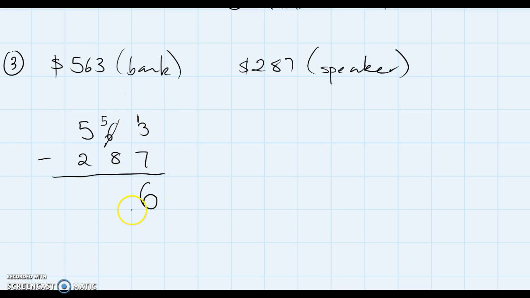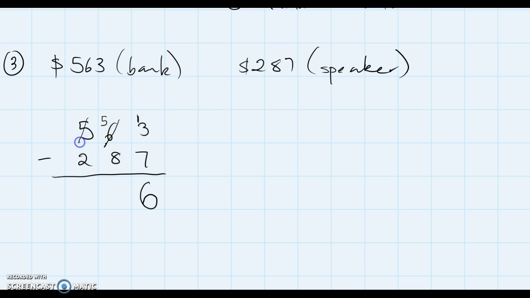Let's go to the next column. 5 tens take away 8 tens. We know that cannot be done, so we need to borrow from the hundreds column. Okay, it's really, really important we always borrow from your left. So 5 tens take away 8 tens cannot be done. So we need to borrow 100 from the 500s.